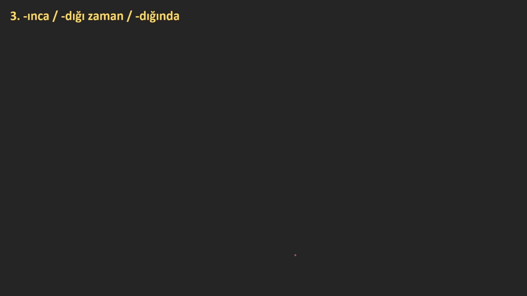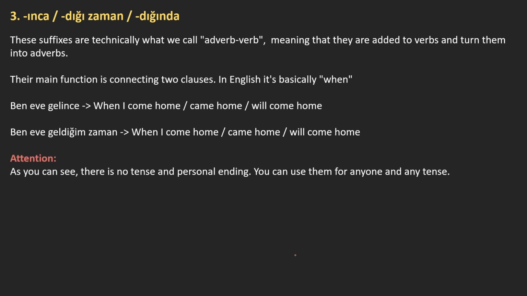And they are adverbs as in they describe the manner of the event, like when it happens. So these suffixes are technically what we call adverb verb, zarf-fiil.